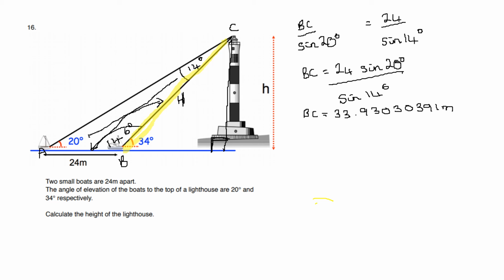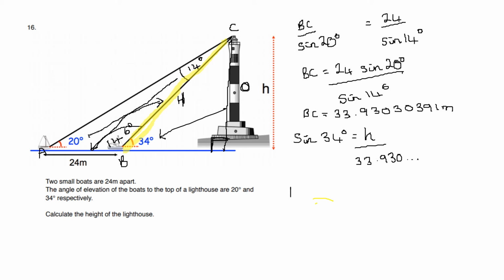And the height of the lighthouse is opposite 34 degrees. So we're going to use the sine ratio. So we're going to say that sine 34 degrees is equal to, the opposite is little h, so little h over our hypotenuse, which is 33.930, the full answer from above.